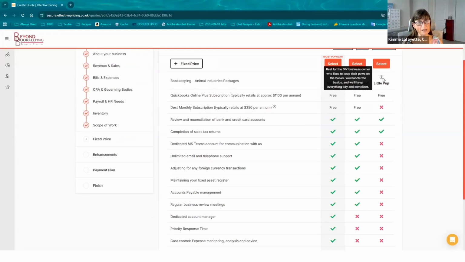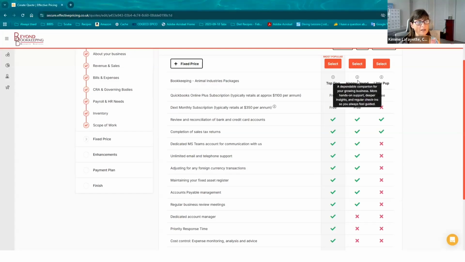So the Little Pup package is really for a do-it-yourself business owner who wants to do the majority of the bookkeeping themselves, keep their paws on the books, and then we come in after you've finished everything. Like I said, we do those reconciliations, we do the sales tax returns, and we just help make sure that everything is tidy and compliant and bring to your attention if there's anything that isn't.